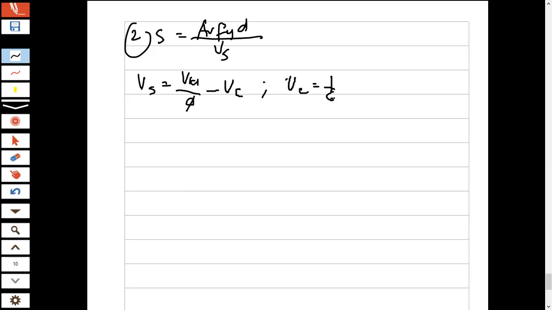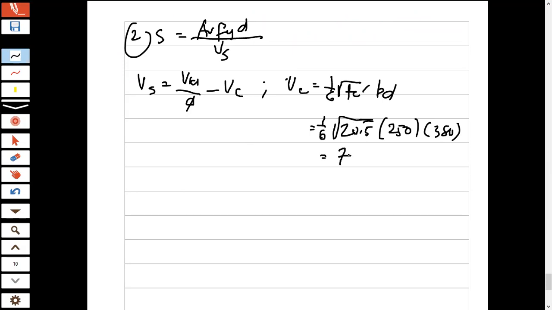It's just equal to 1/6 square root of FC prime times B times D. FC prime is 20.5. B is 250. D is na-compute na natin kanina, 380. So you have VC is equal to 72,037 Newton.